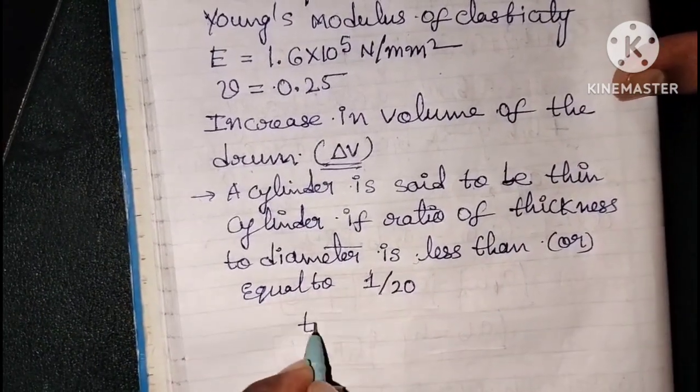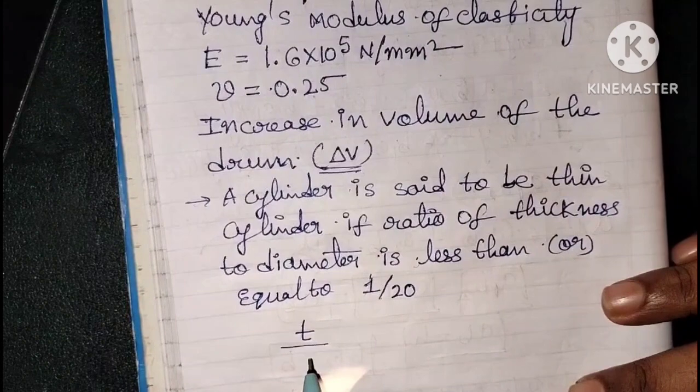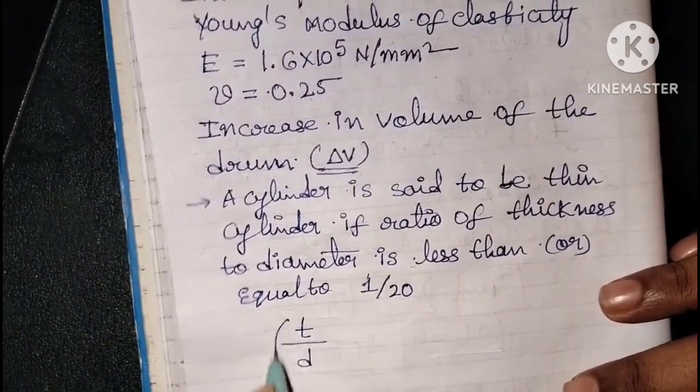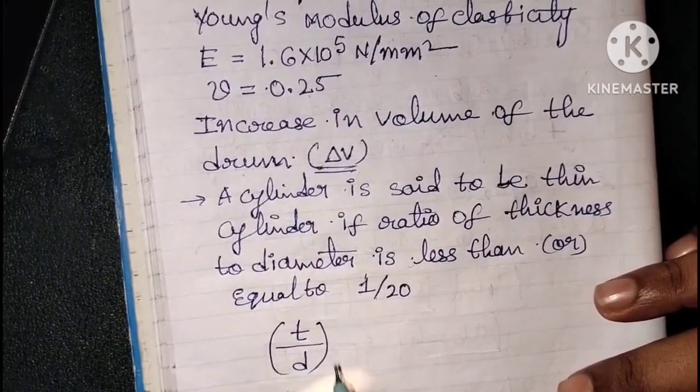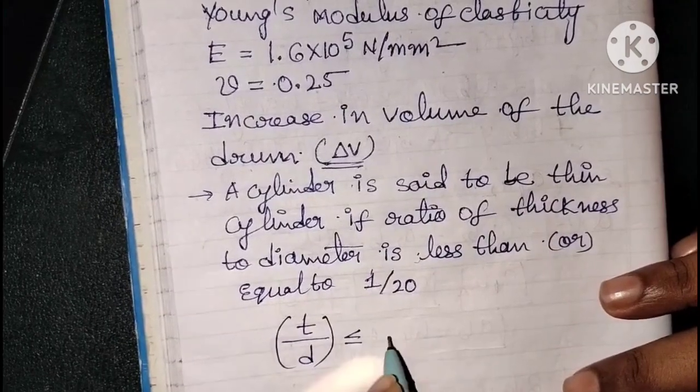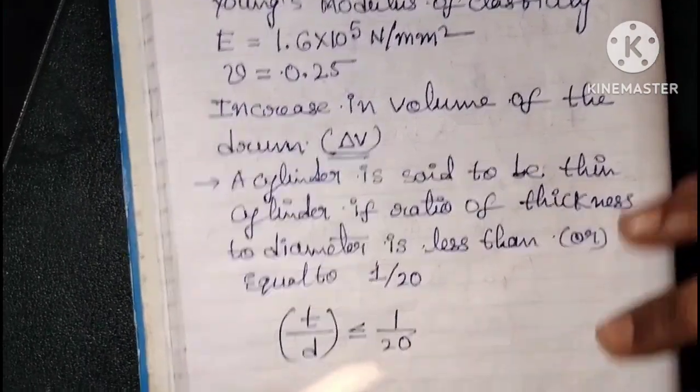It means the ratio of thickness to diameter, so T by D. Yeah, diameter means internal diameter. So T by D is less than or equal to 1/20.